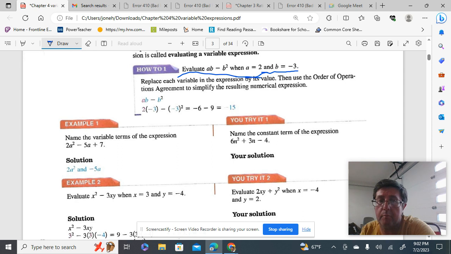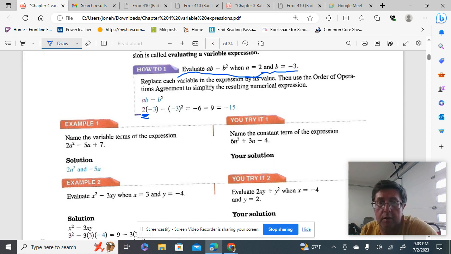So we have AB minus B squared. A is 2, so we go 2, and we have the 2 next to the parentheses, which means you multiply it by what's in the parentheses. So it would be 2 times -3 minus -3 squared, or to the second power. What we need to do first is what's inside the parentheses, which are just numbers right now.